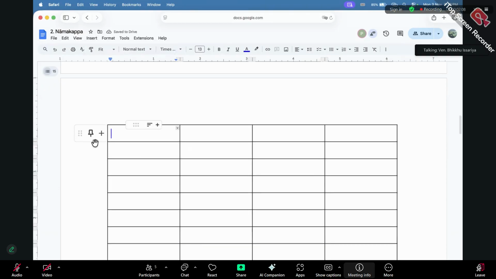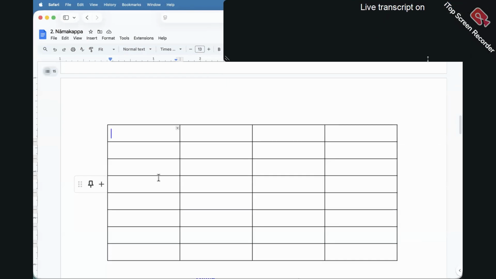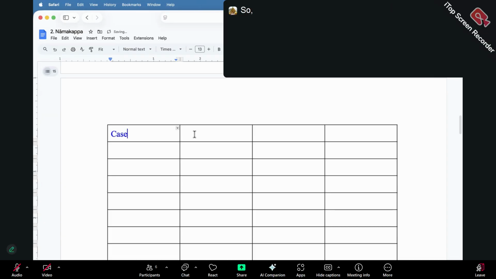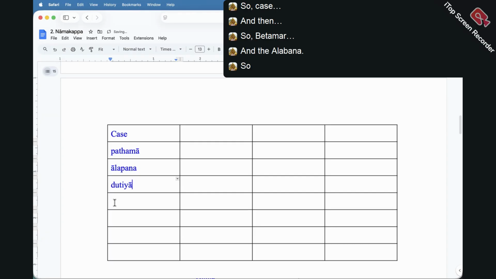Okay, so case, and then so Patama and the Alapana, so Dutiya, Tatiya, and Chatuthi and Chatthi and Panchami, and then Sattami.